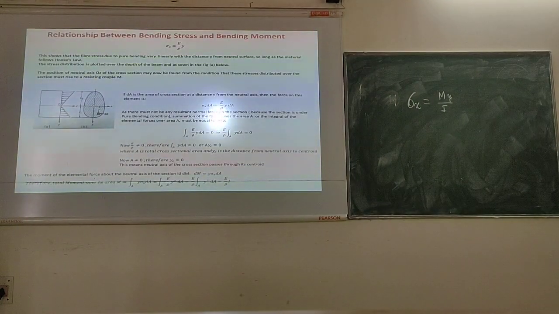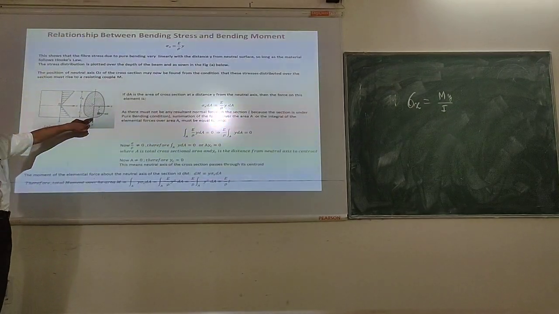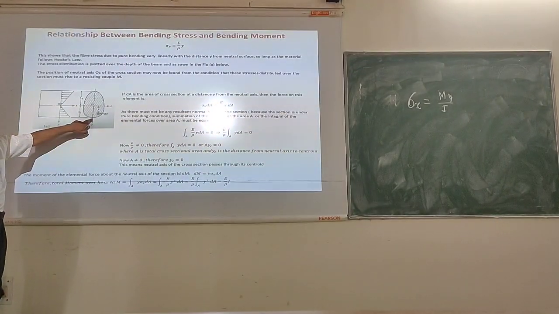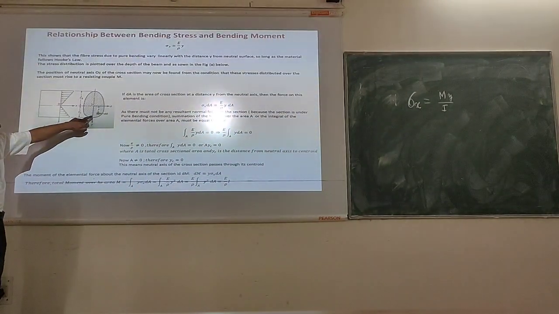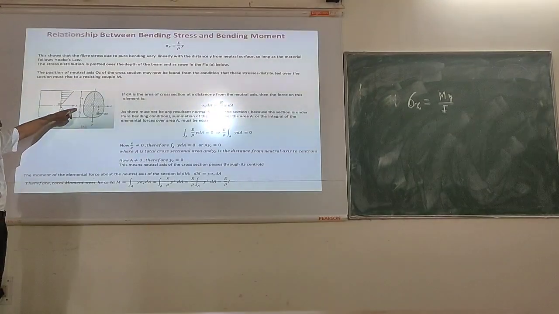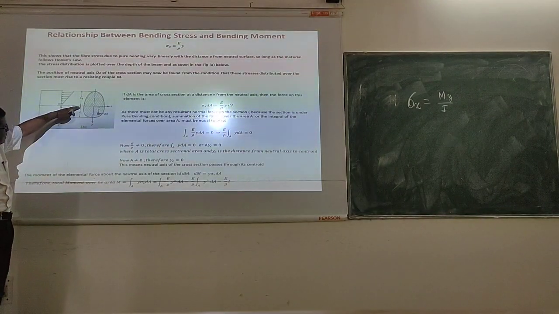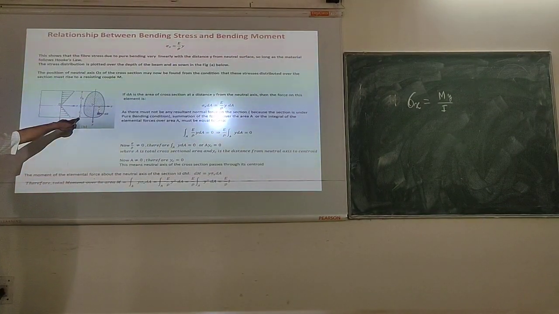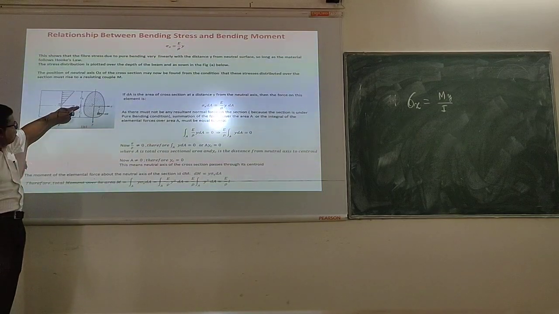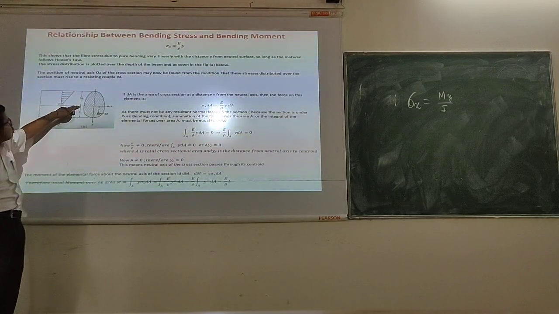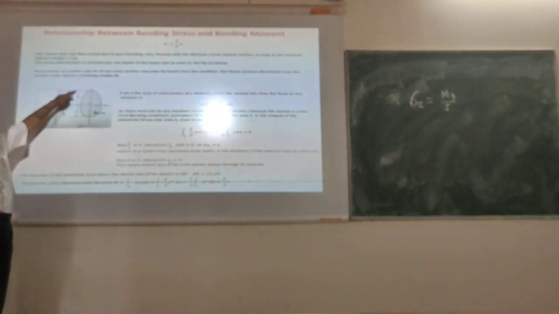Your neutral axis. So from the neutral axis position, this is the bottommost fiber of the section. If the distance from the neutral axis to the bottommost portion is C1, and from the neutral axis to the topmost portion is C2.